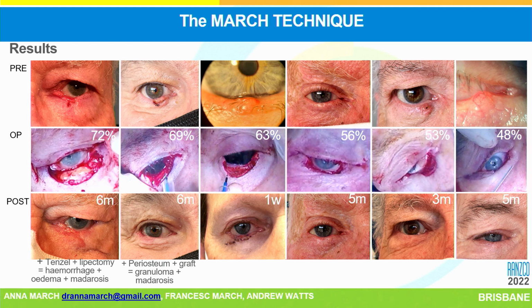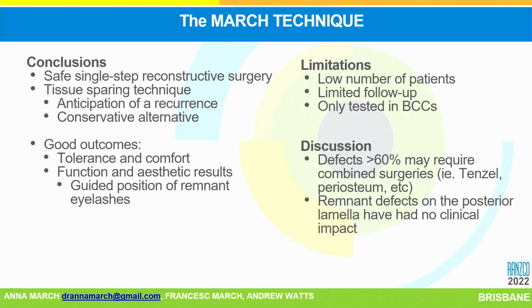The first patient had an associated tensile and an inferior lipectomy that caused post-surgical bleeding. And this other patient had a periosteal flap and a graft. So it seems that the Mudge technique would be a safe single-step reconstructive surgery.